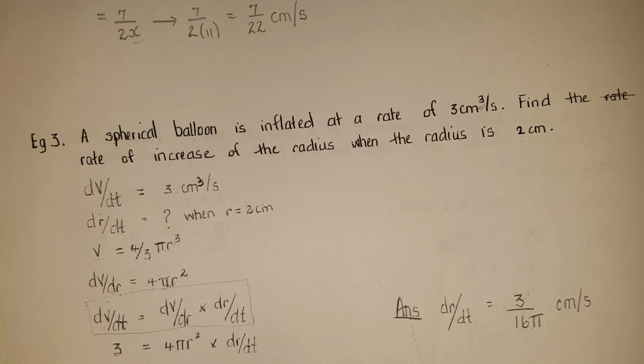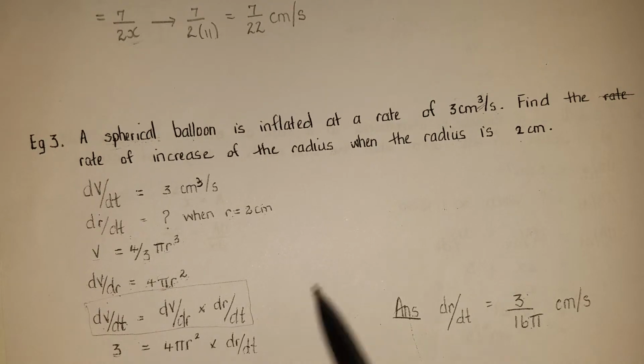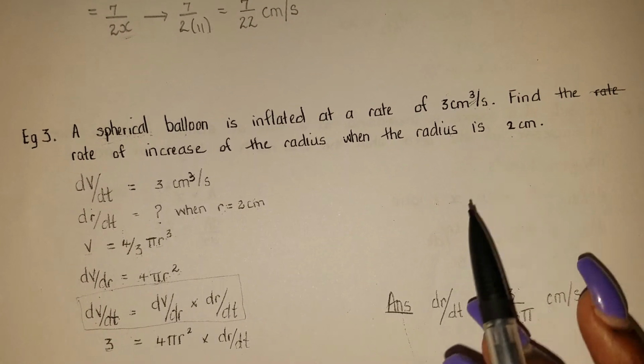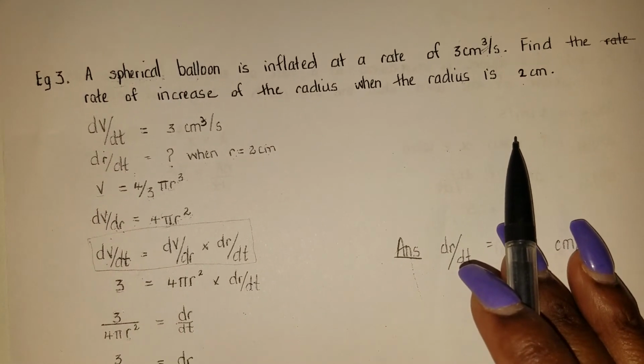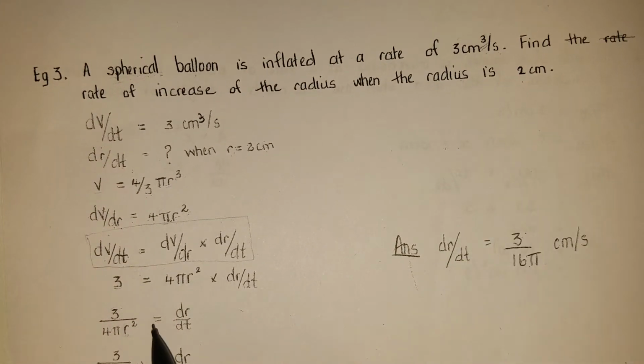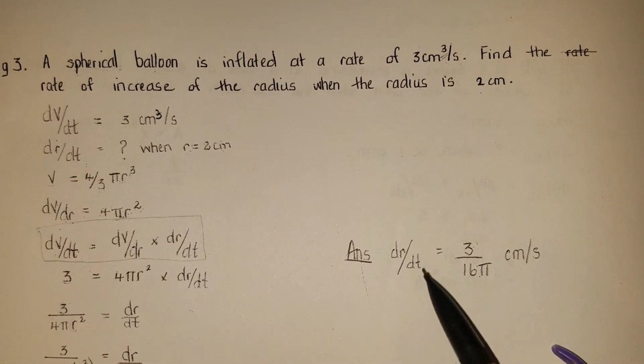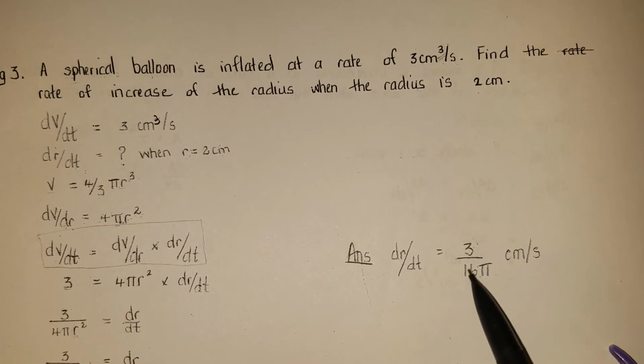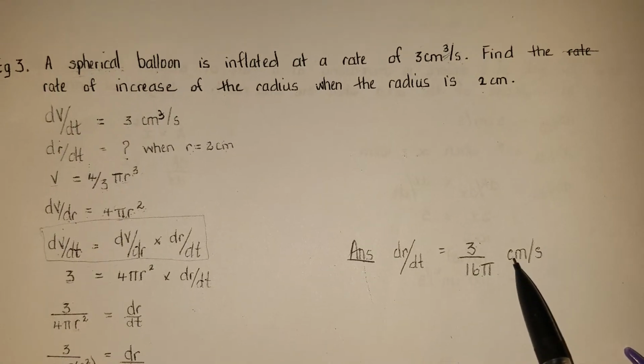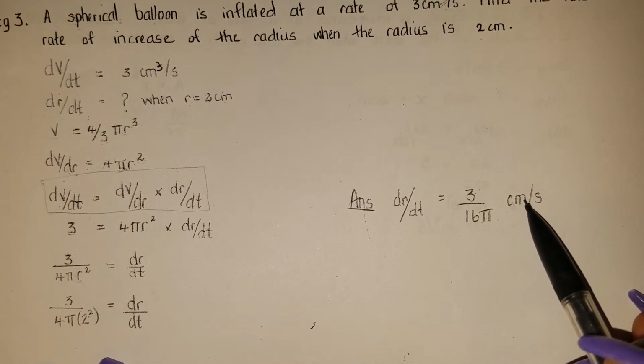Now we can substitute the value of the radius, which was given as 2 centimeters, and that's how we get 3 over 4 pi, and 2 squared is 4, giving us 4 times 4, 16. So dr/dt is now 3 over 16 pi centimeters per second.